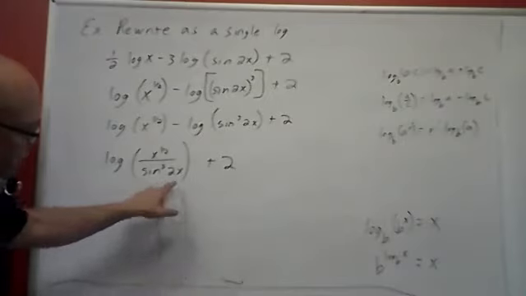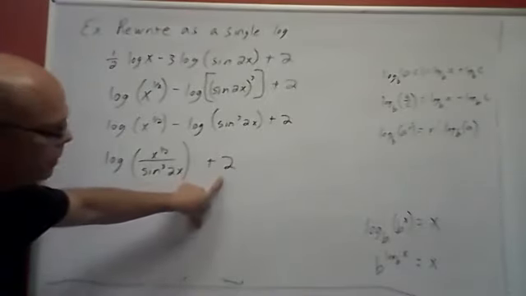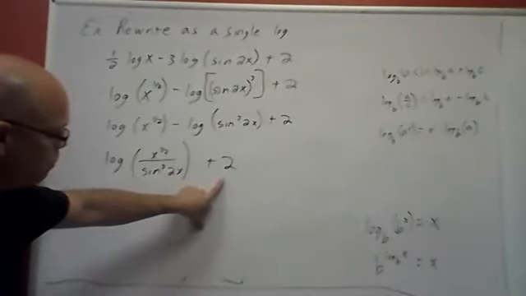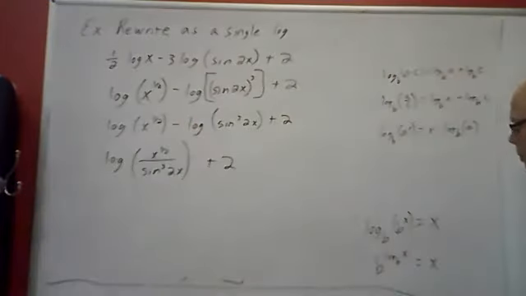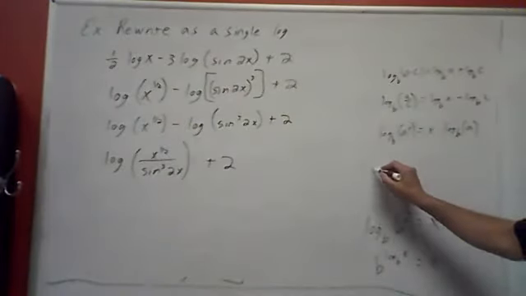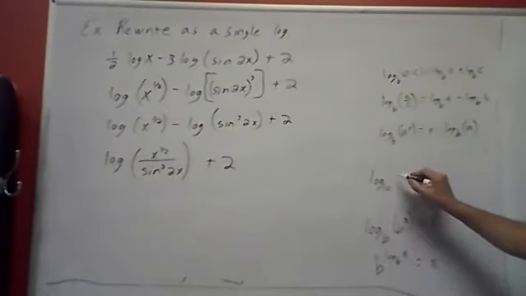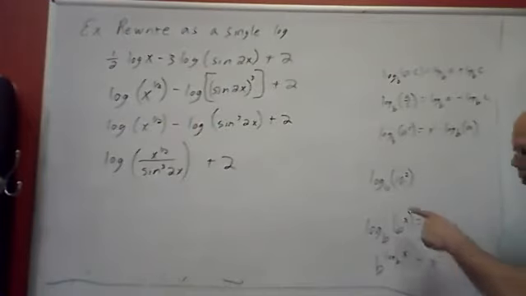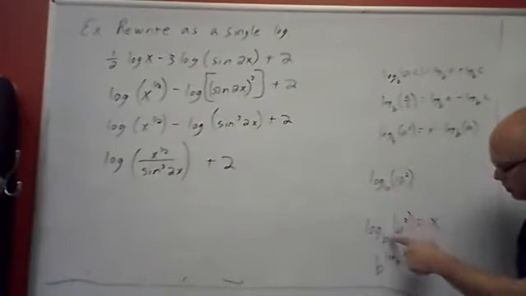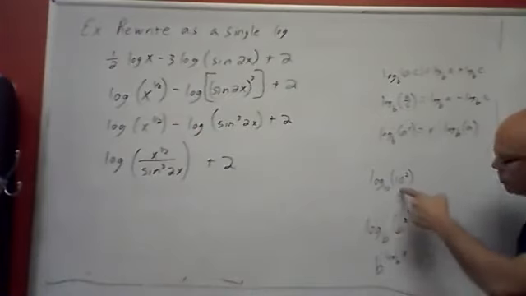Let me see if I could take these two and write them as one logarithm as well. How about 2? Let me see if I can get fancy with that 2. What if I were to ask you this? What is the log base 10 of 10 squared? According to this property right here, I have a 10 there, a 10 there. I could drop everything except what?